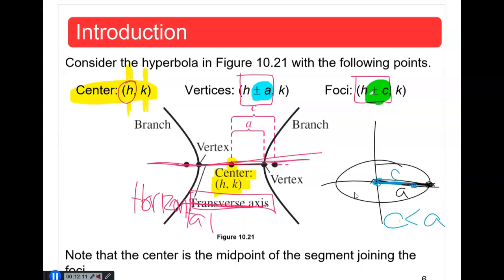You could see that since the focus is further from the center, in this case, C is going to be greater than A, with A still being vertex to center. So that is another difference between hyperbolas and ellipses.